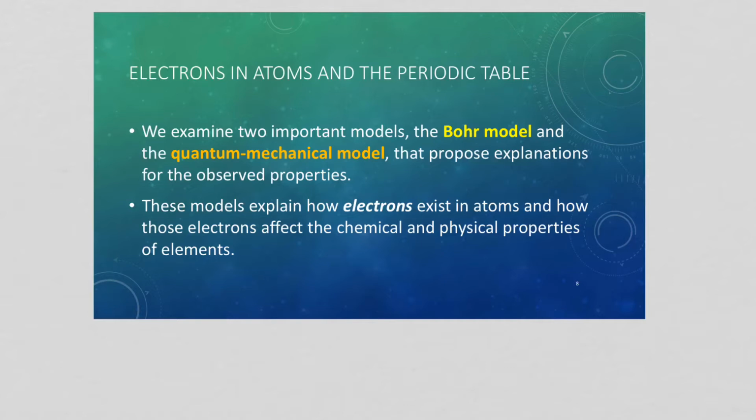Now, it should be noted that both of these models are actually based on a quantum mechanical idea. The quantum mechanical model is just a bit more advanced. So these models help us explain how electrons exist in the atom and how these electrons affect the properties and behavior of the atoms.